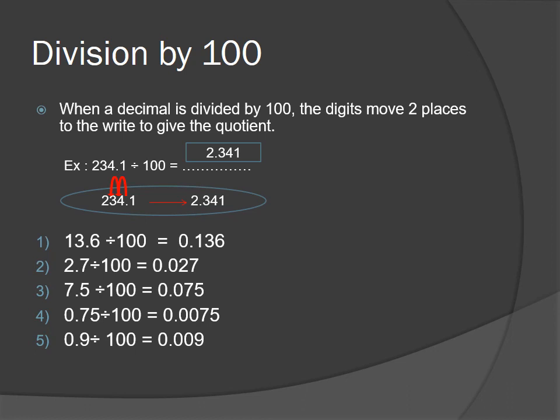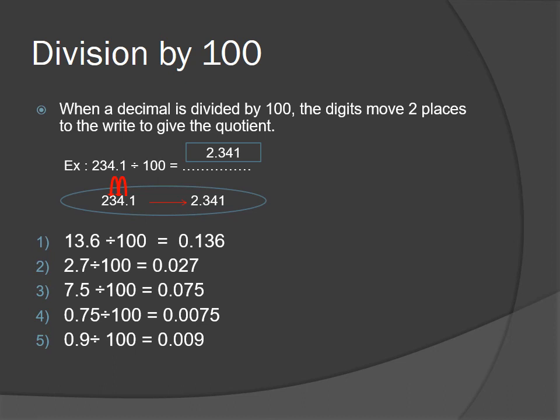First question, 13.6 divided by 100 is equal to 0.136. 2.7 divided by 100, 0.027. 7.5 divided by 100 is equal to 0.075. 0.75 divided by 100 is equal to 0.0075.